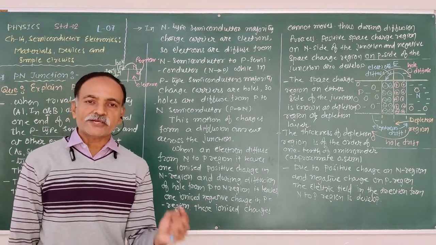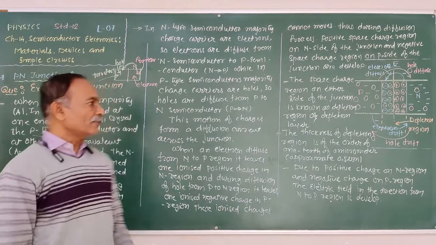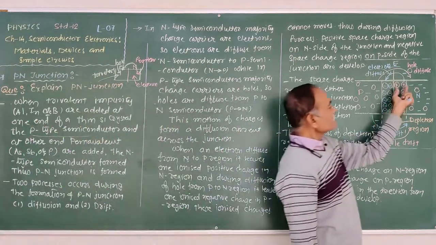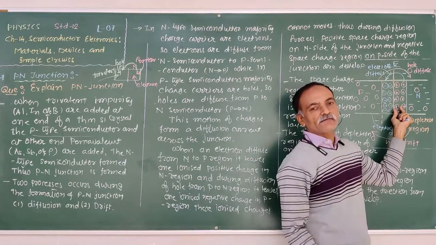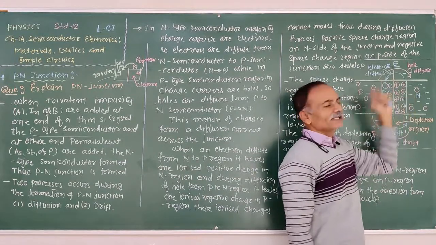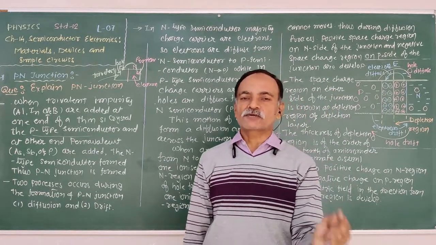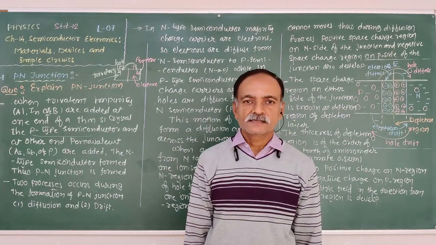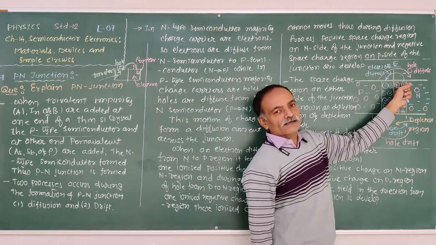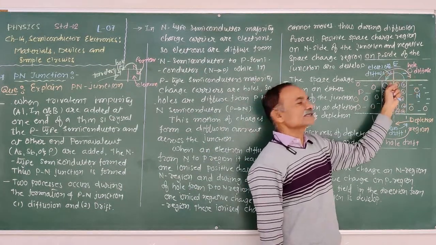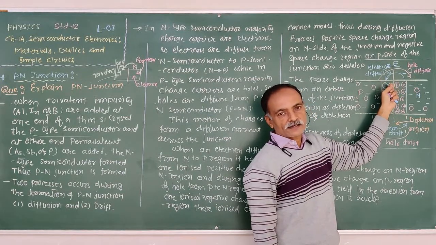This impurity atom has the tendency to donate an electron. Therefore, in the n region, these impurity atoms have the tendency to donate one electron. After donating one electron, it becomes an ionized positive charge. Whatever electron is donated, this electron diffuses into the p region of this junction.